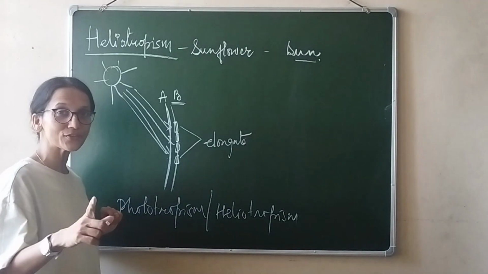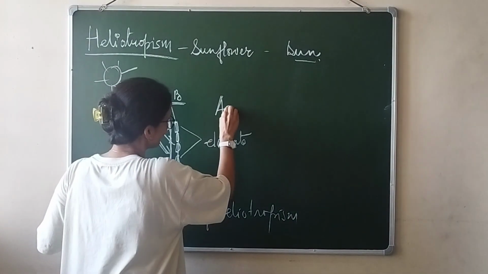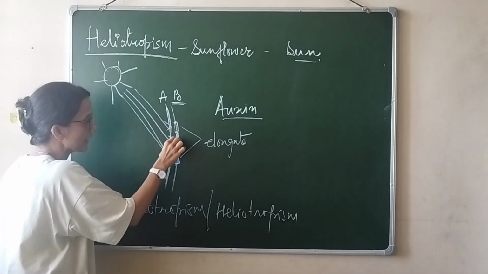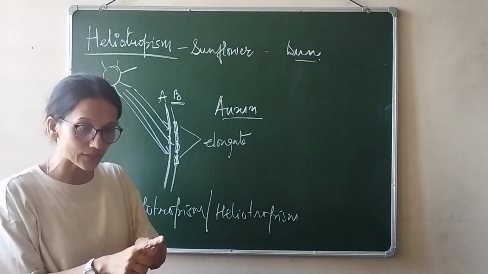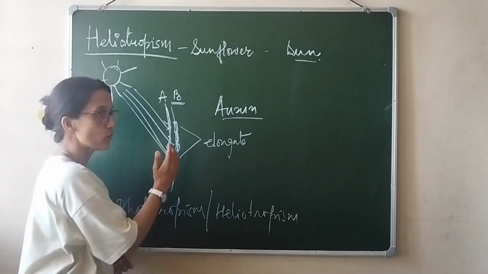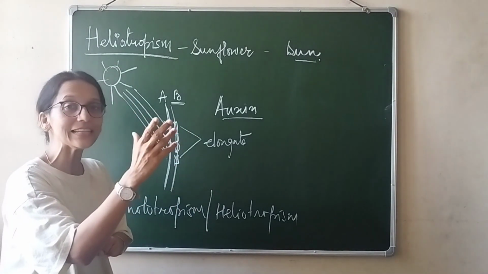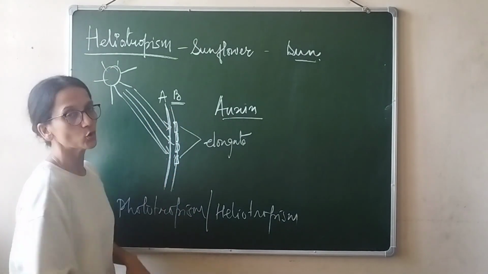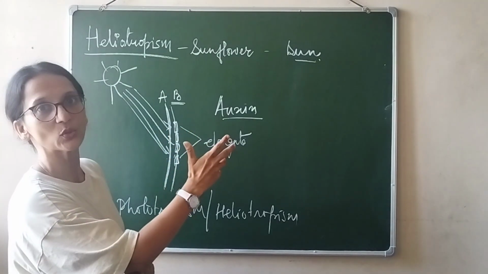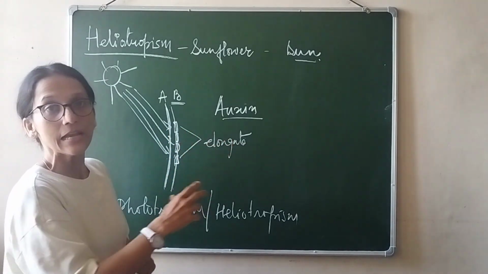What is the name of that phytohormone? Auxin. So auxin immediately comes and accumulates at this area and causes elongation of the cell. Now when the cells here elongate, easily that stem can bend towards the direction of the sun and it bends further towards the direction of the sun.